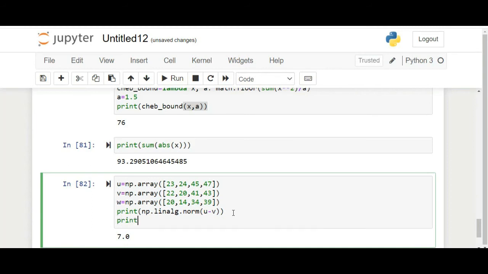Now print, inside the parentheses we will write np dot linalg dot norm. Inside the parentheses we will write u minus w.